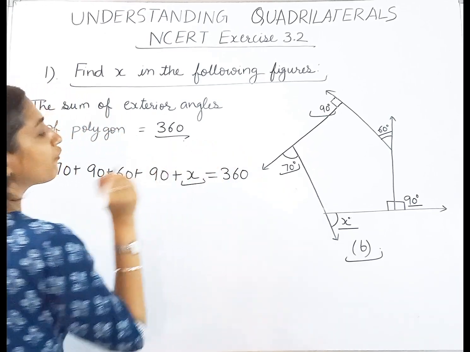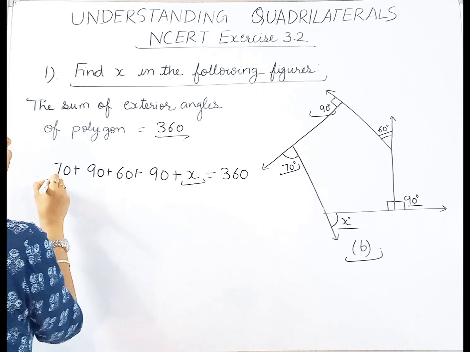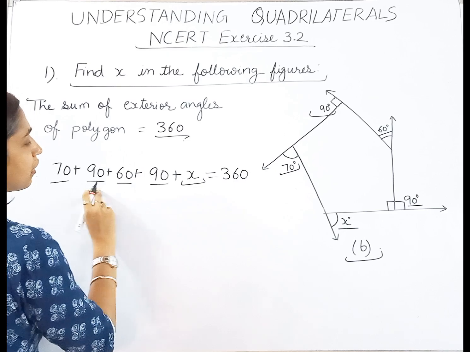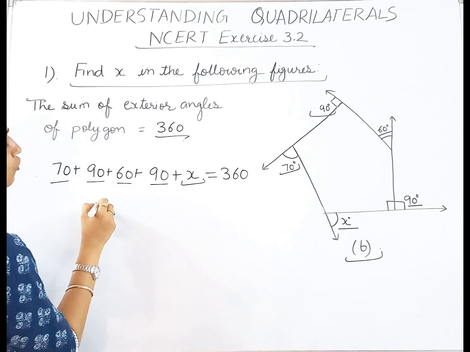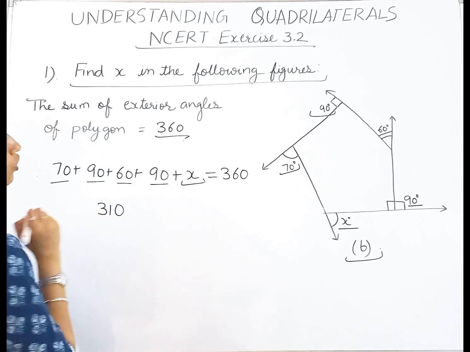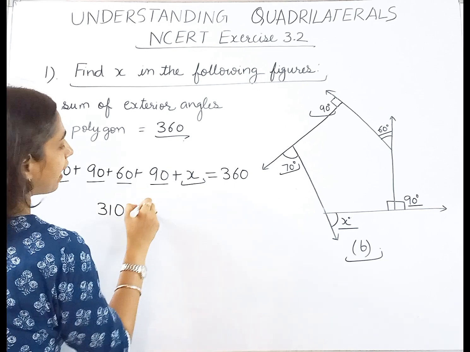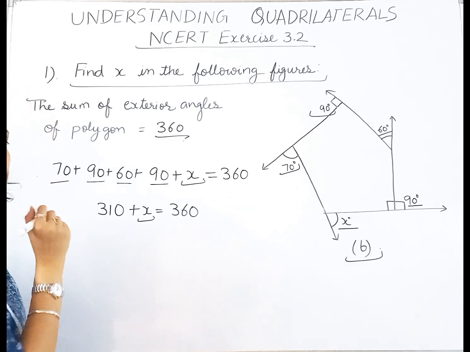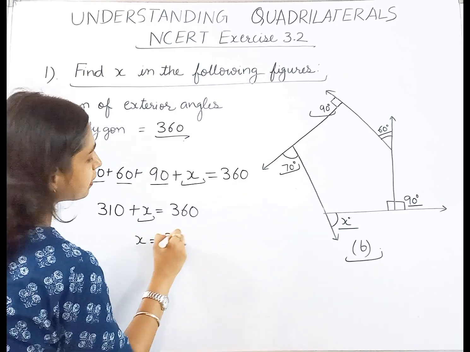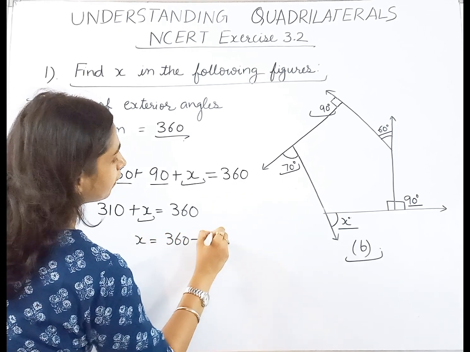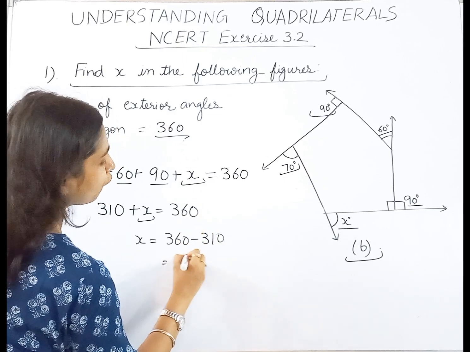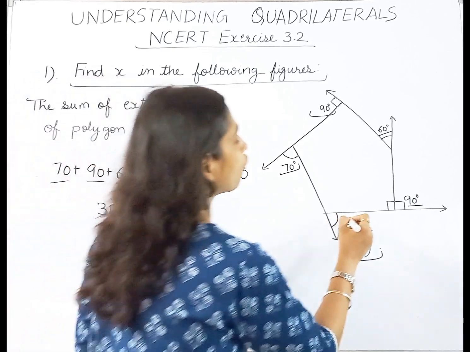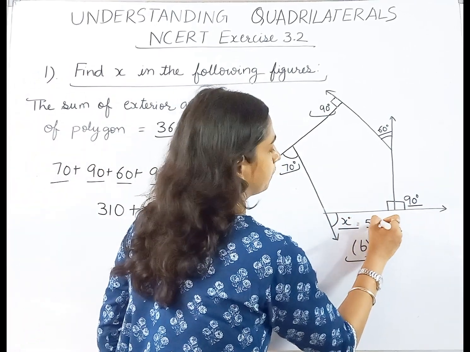Now 70 plus 90 plus 60 plus 90, when we add all these together, we get 310. So 310 plus x is equal to 360. The value of x comes out to be 360 minus 310, which is equal to 50. So the fifth angle of this pentagon is 50 degrees.